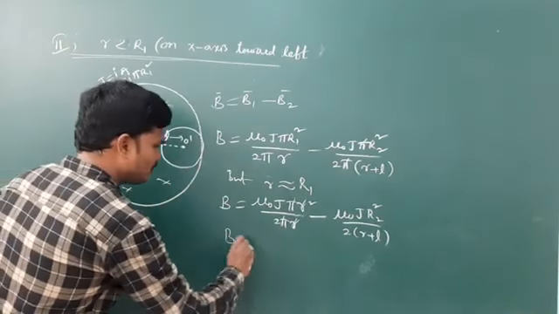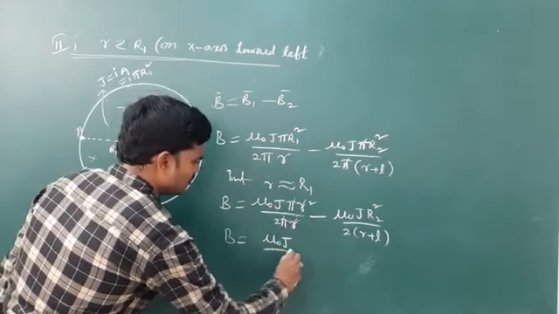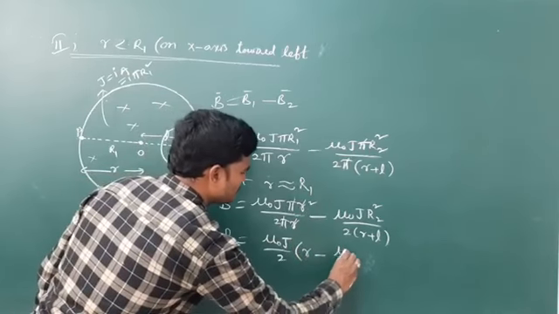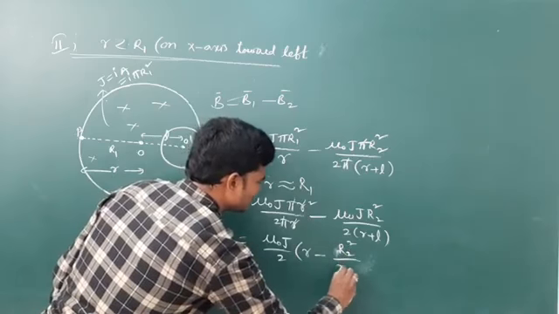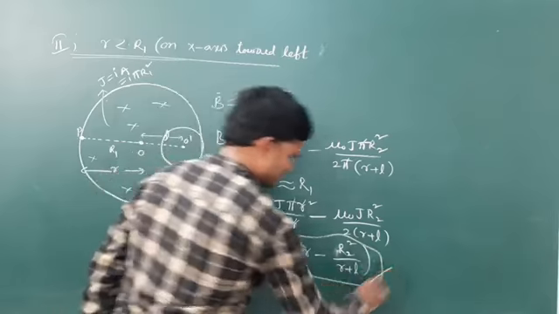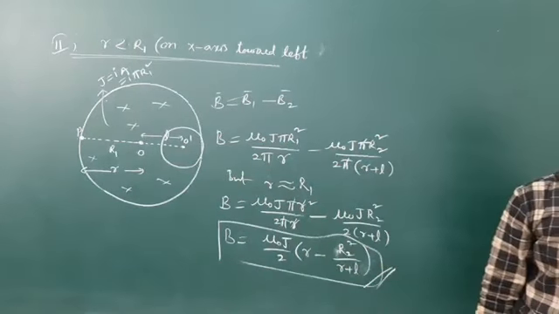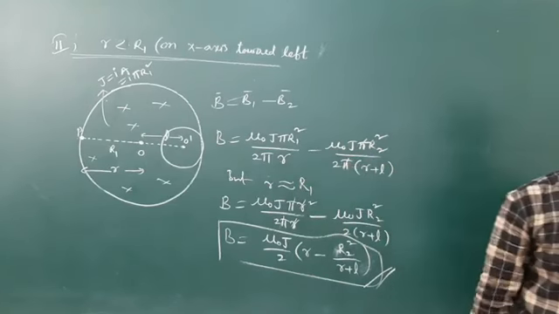If you solve this, taking mu naught J outside by 2, only small r remains, and R2 square over R plus L. So if you substitute the values, if they give the values, you will get the answer B. In previous sections also, verify the pi values.